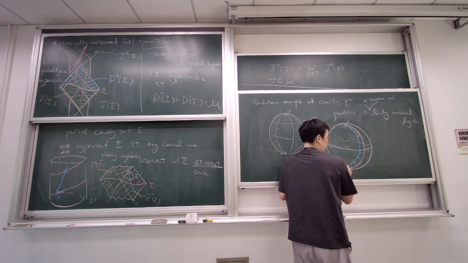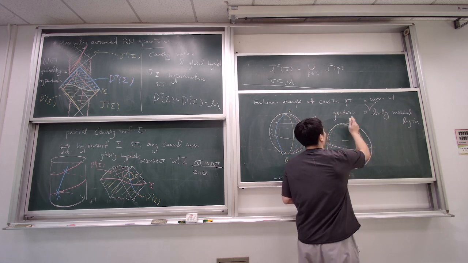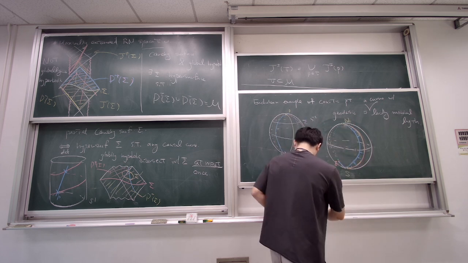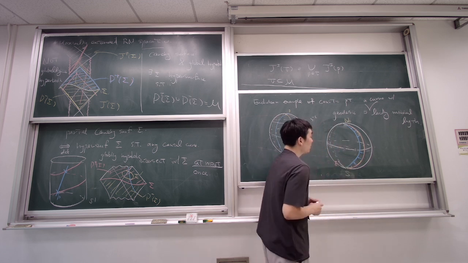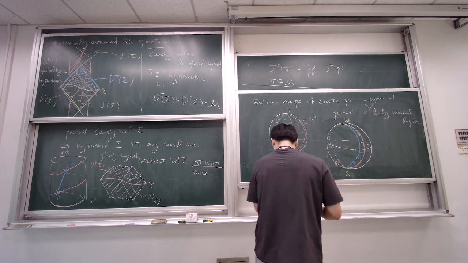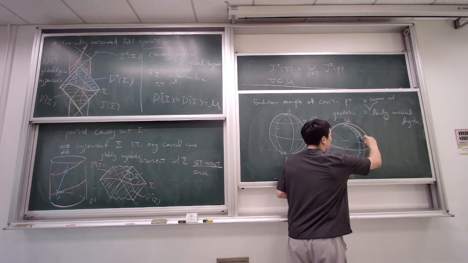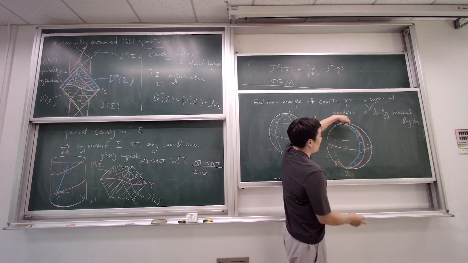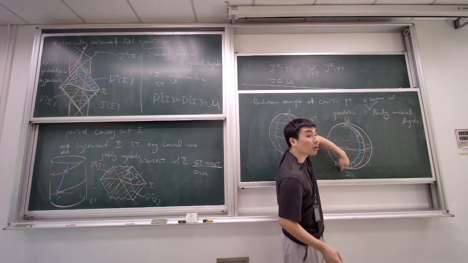Let's call S the southern pole, and this is the northern pole. So originally we consider the red one. But this red one, north to south part, is the same as the blue north to south part, right?